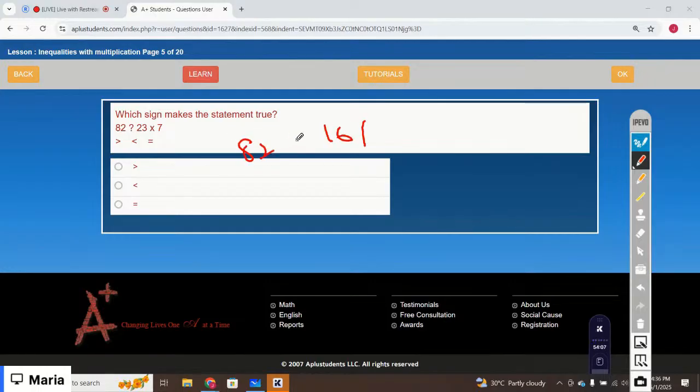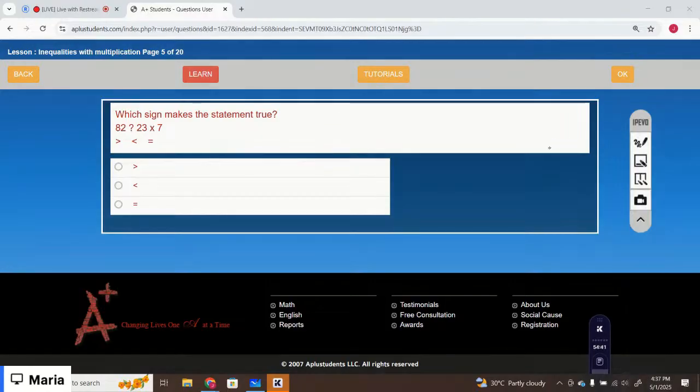So that is 82 is less than 161. Option number 2 is the correct option.